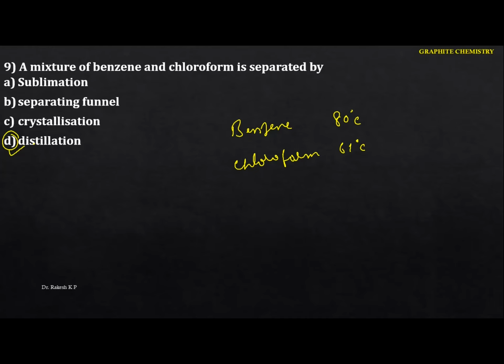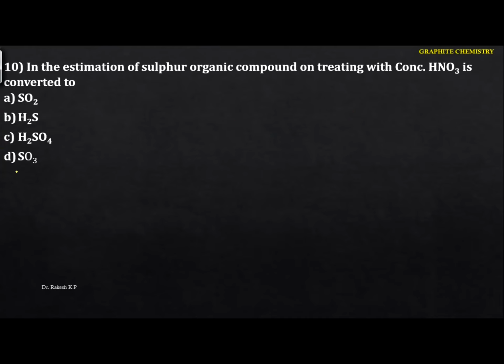Now the next one, in the estimation of sulfur, an organic compound on treating with concentrated nitric acid is converted to. We know that this is an estimation, not a detection here. If the organic compound contains sulfur and we treat it with concentrated nitric acid, we know that concentrated nitric acid acts as an oxidizing agent.